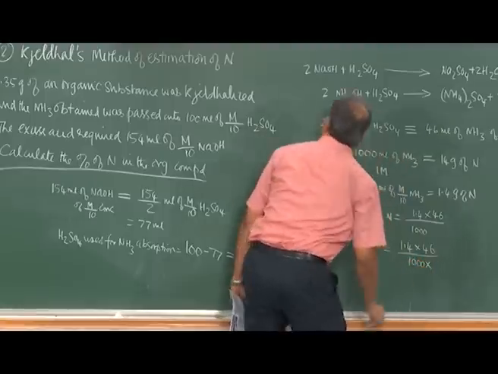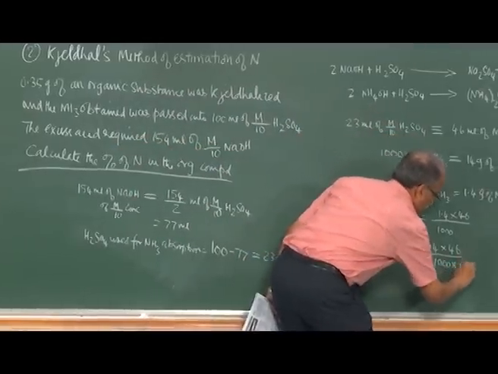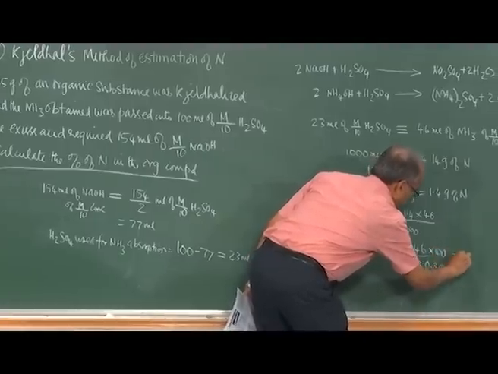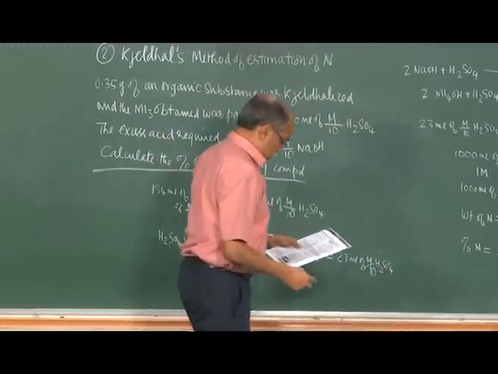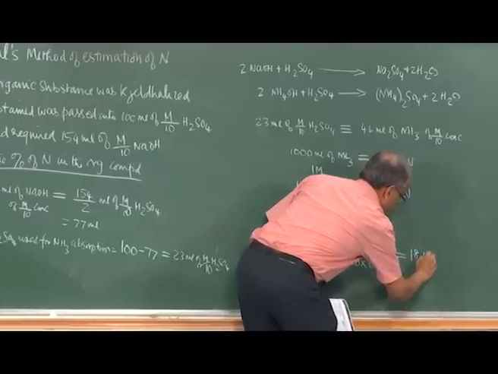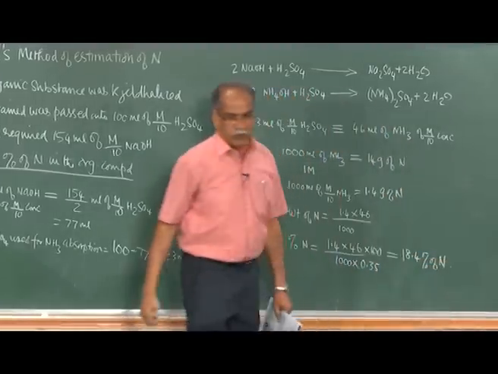This is present in 0.35 grams of the organic compound. Therefore, for 100 grams of organic compound, how much will it be? If you solve all these things, this would essentially correspond to 18.4% of nitrogen being present in the organic compound.